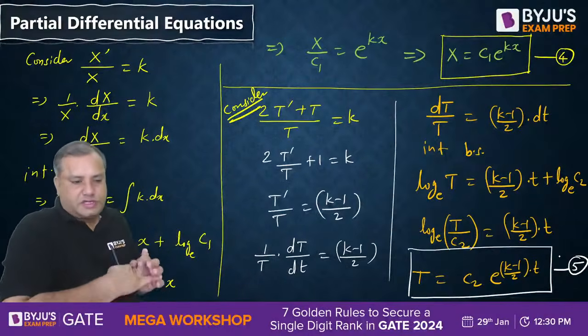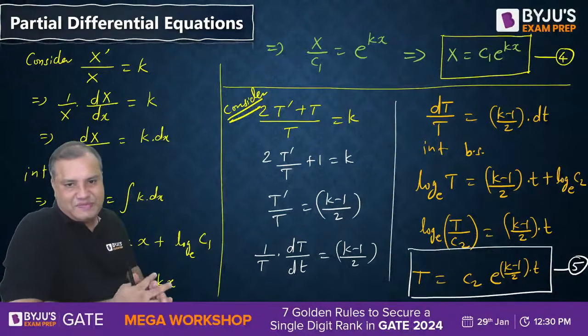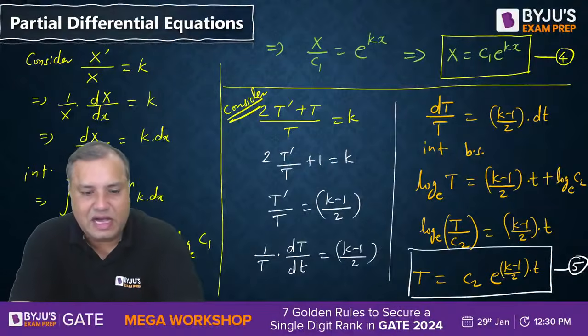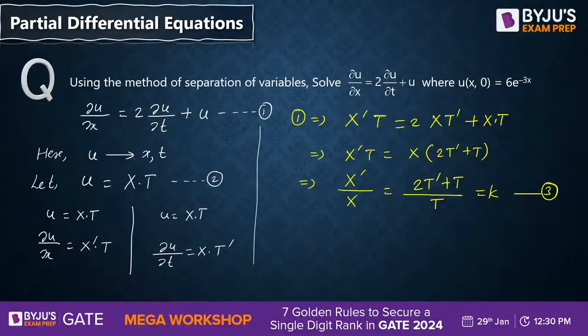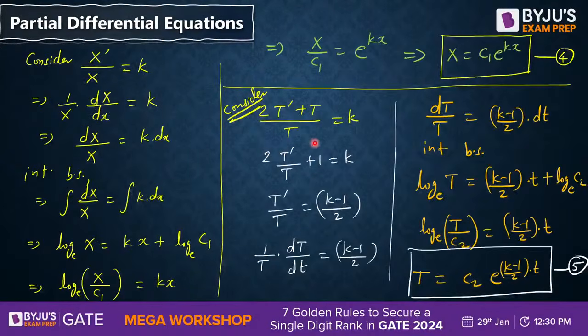Students, we have got X and T. I'll just show you the entire solution till now. This is the first frame. In the first frame, see this equation number 2. In this equation 2, u is equal to X into T. You obtain X and T separately.